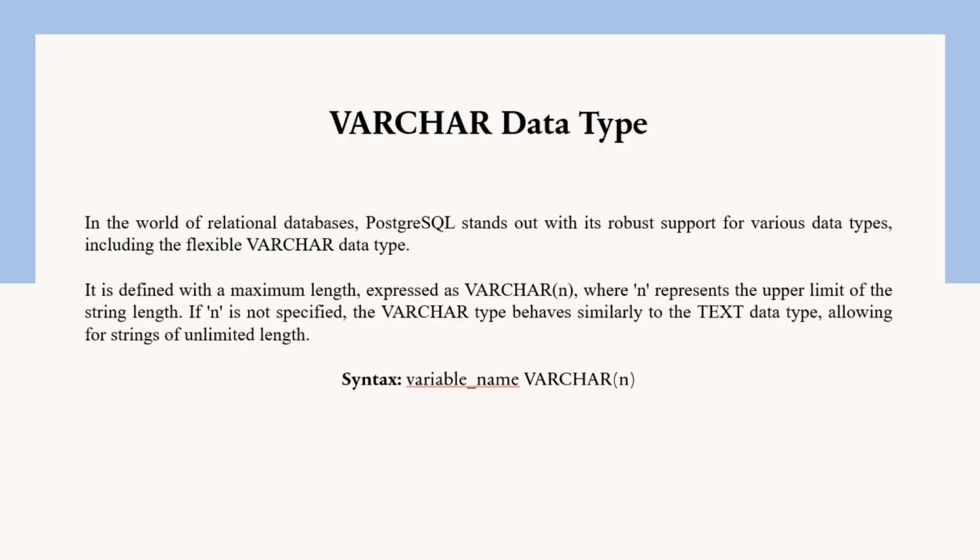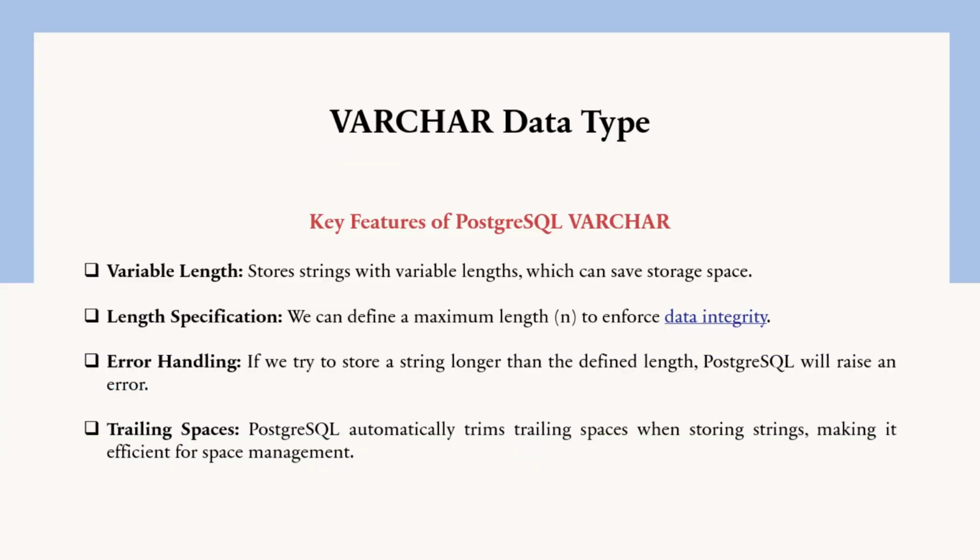This syntax is variable name varchar n. One unique feature is that varchar can be used without a length specifier. In this case, it behaves exactly like the text data type, allowing you to store strings of unlimited length. This is incredibly useful when you don't want to set an arbitrary limit on things like user comments or descriptions.